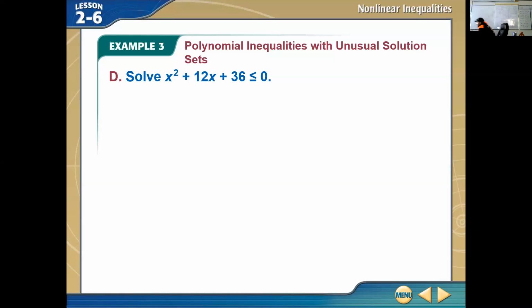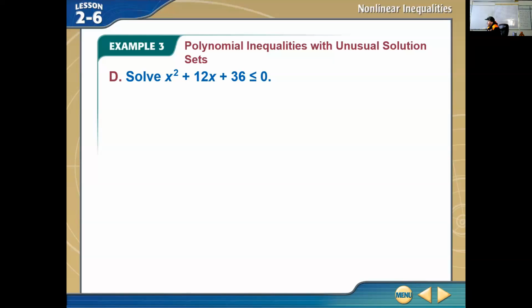Okay, so here we have the same polynomial again, x squared plus 12x plus 36. Once again, the factored form would be x plus 6 squared. So the only real 0 we have is -6. And here we're comparing it, where is it less than or equal to 0?